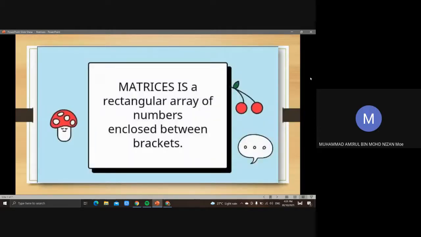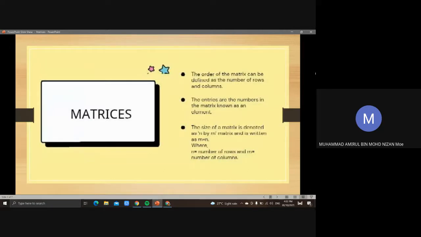Before we start our discussion today, I will define matrices. A matrix is a rectangular array of numbers enclosed between brackets. The order of the matrix is defined as the number of rows and columns. The entries are the numbers in the matrix, known as elements.